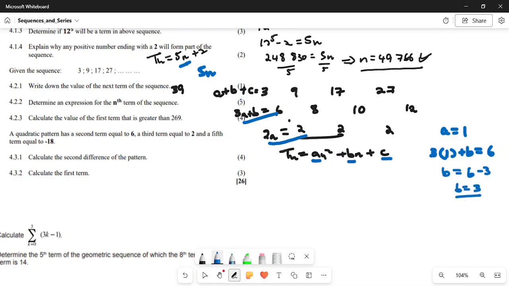And then the third equation, a plus b plus c is equal to 3. I will have c is equal to 3 minus a, which is just minus 1, minus b, which is minus 3. So the value c is equal to negative 1. Therefore, the general nth term of this pattern is n squared plus 3n minus 1.